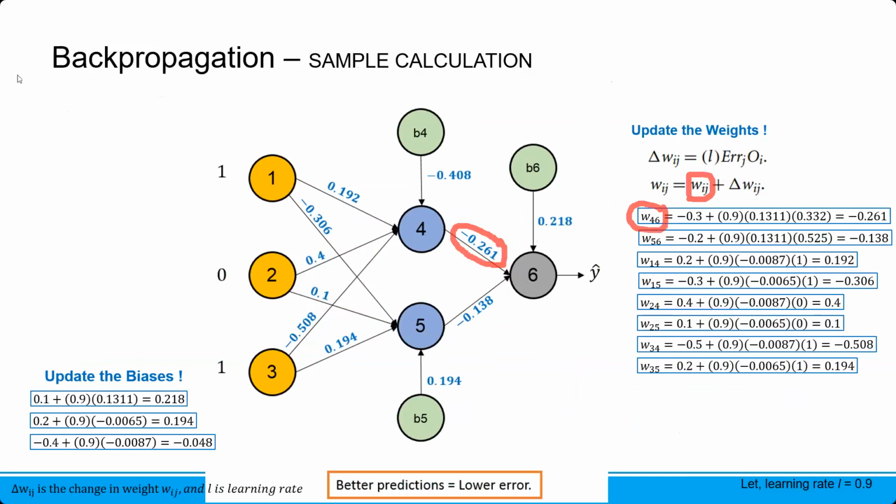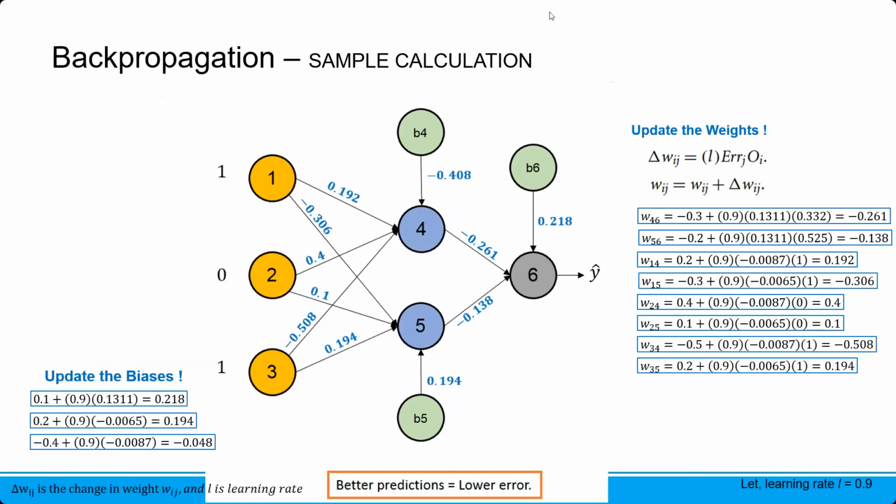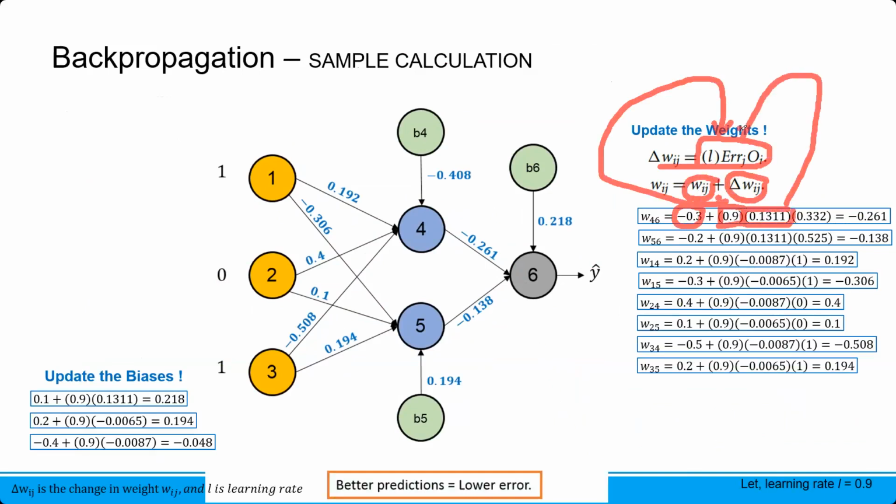If you look at the previous one, the weight is minus 0.3. So the current weight, minus 0.3, plus the delta Wij. Then I plus the 0.9, which is the learning rate, multiplied by 0.1311, which is the error, and then multiplied by 0.332, which is the output.